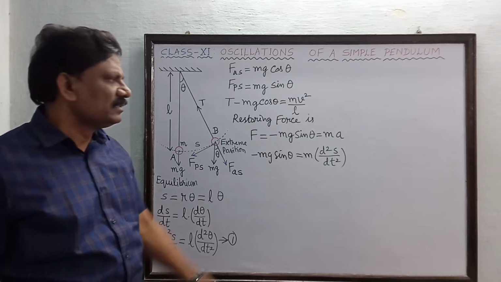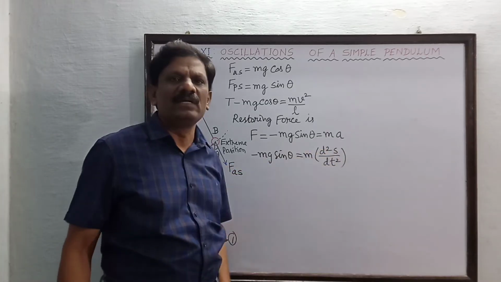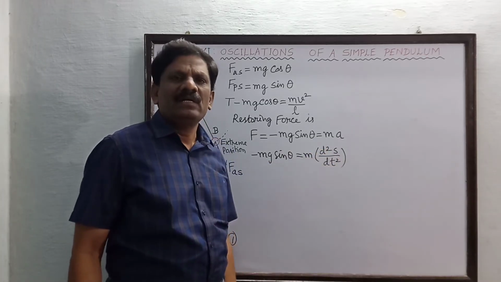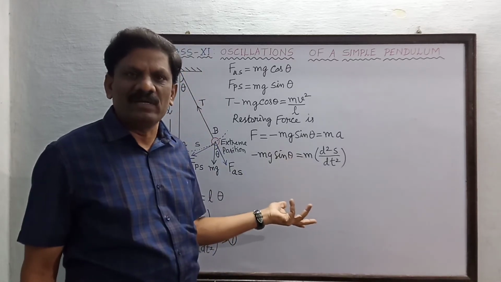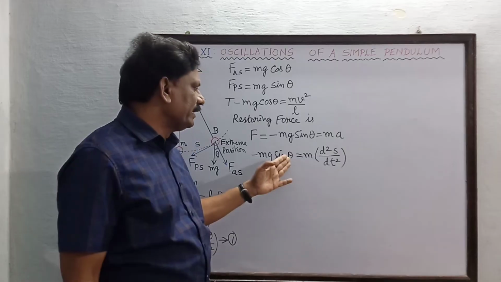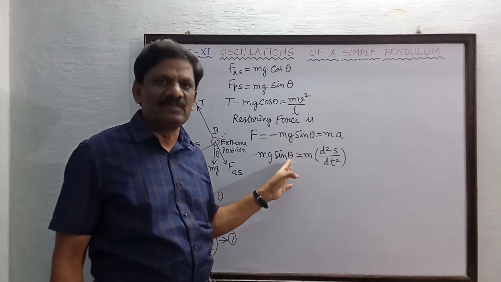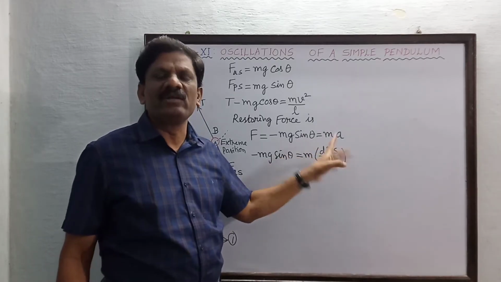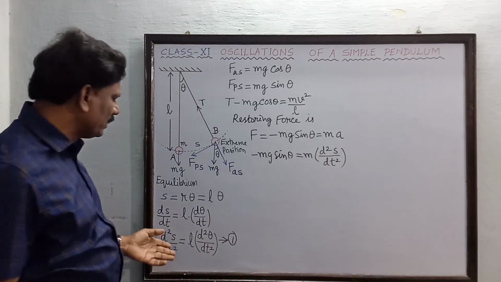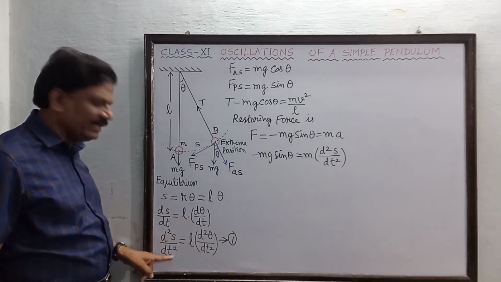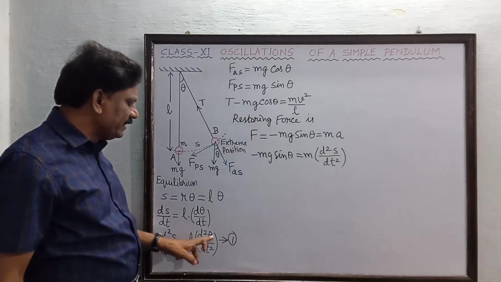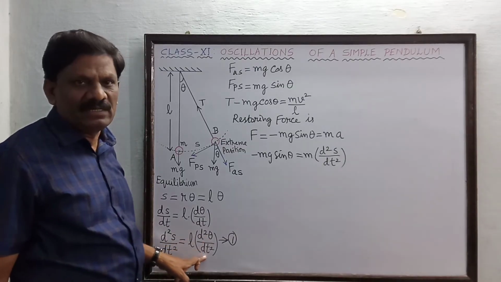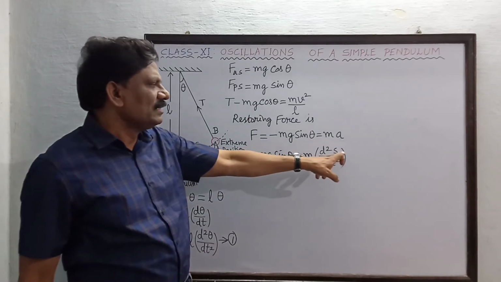Okay, children? This d square s by dt square is what? Linear acceleration. But now on the left hand side the angular displacement theta is involved. Either we have to convert theta in terms of a linear displacement or s in terms of the angular displacement. Now from equation 1, d square s by dt square is also equal to L times d square theta by dt square, is it not? So I am going to substitute here.